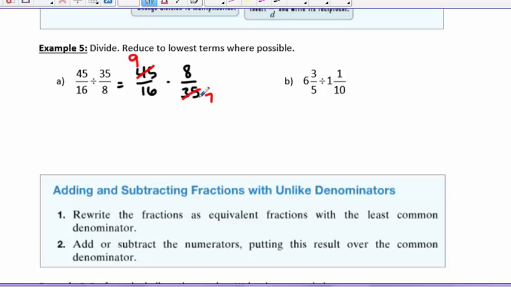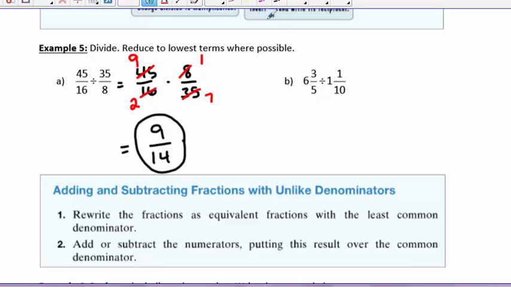That'll give us 9 and 7. 16 and 8 can both be divided by 8. They'll give us 2 and 1. Finish the multiplication. 9 times 1 is 9. 2 times 7 is 14. 9/14.